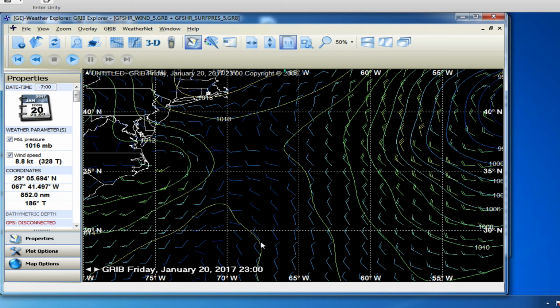When the isobars are not parallel and not really closed like this, we have to be a little flexible on the angle into the low or out of the high. You see the same thing here. That's going to vary a little bit, or a lot, up to 45 degrees actually. But this is a high, and this is a low.